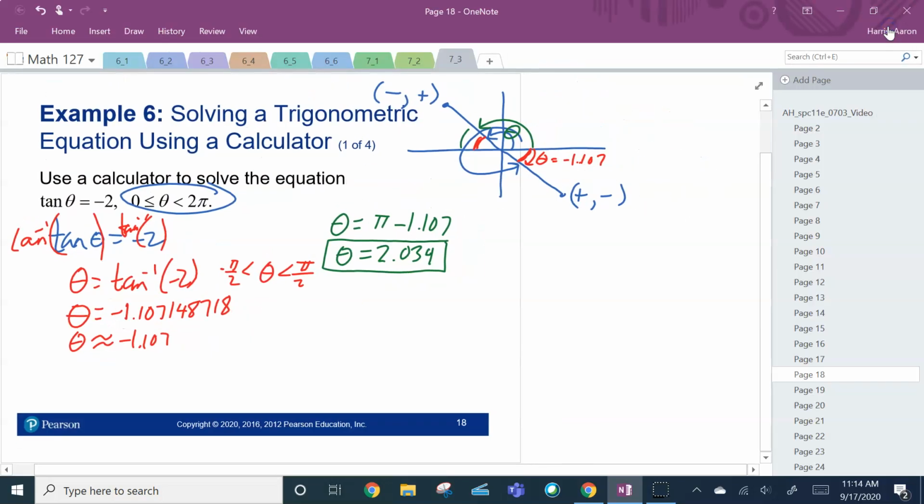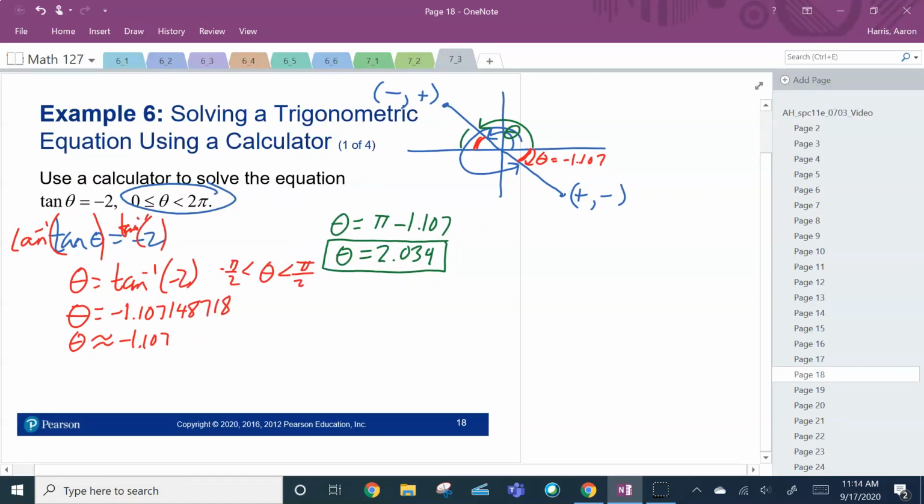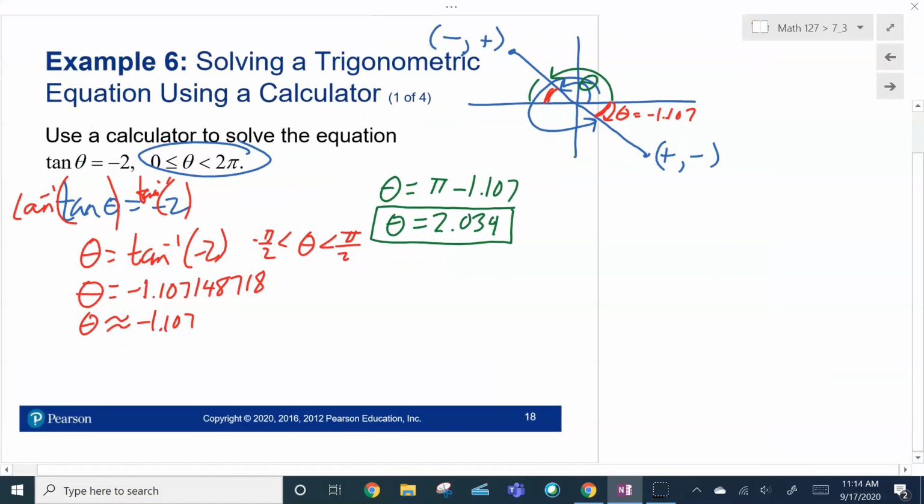Now the other one is this black one we want. And so I just have to subtract from 2 pi all the way around, 360 degrees, minus the 1.107. That gives us my black theta here.